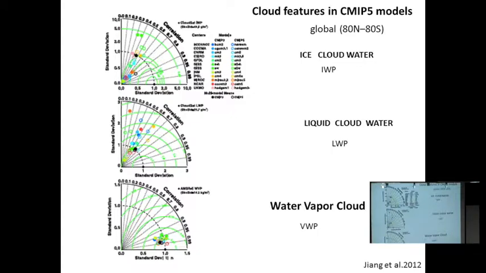And this black here is the observed, and the CMIP5 is this hollow circle, the circle that's not a solid circle.